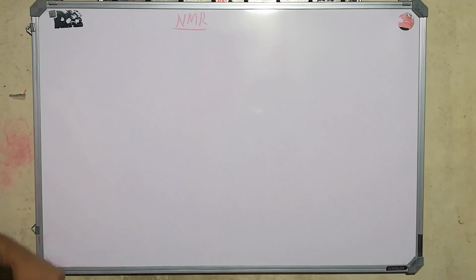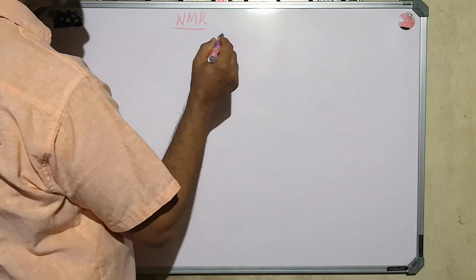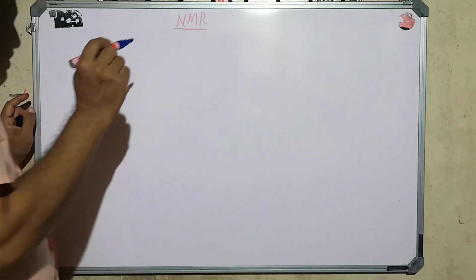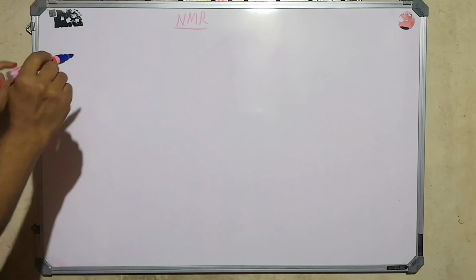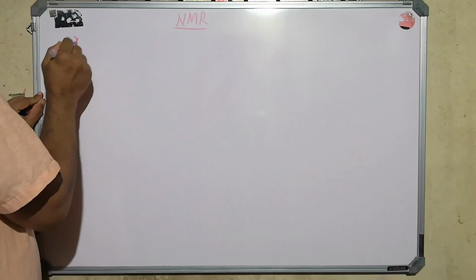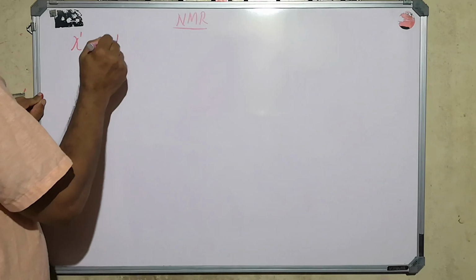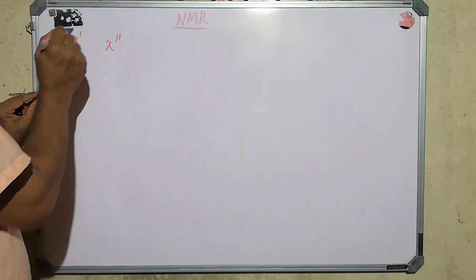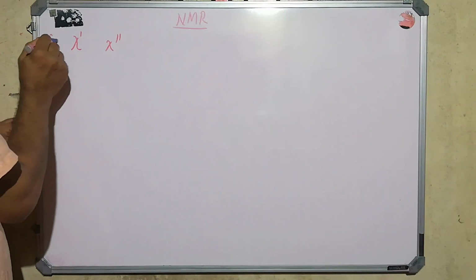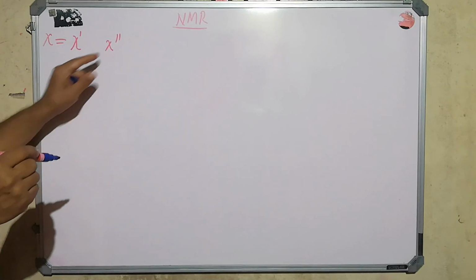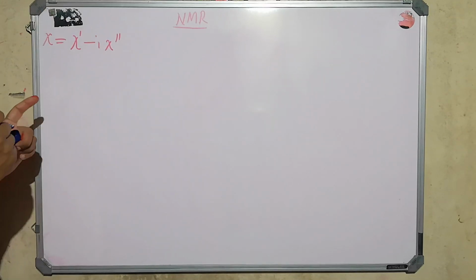So, where we have drawn the graph, as you know, the susceptibility is chi dash and chi double dash. Here chi dash is the real part of the complex susceptibility chi, and chi double dash is the imaginary part. This is what you have studied.